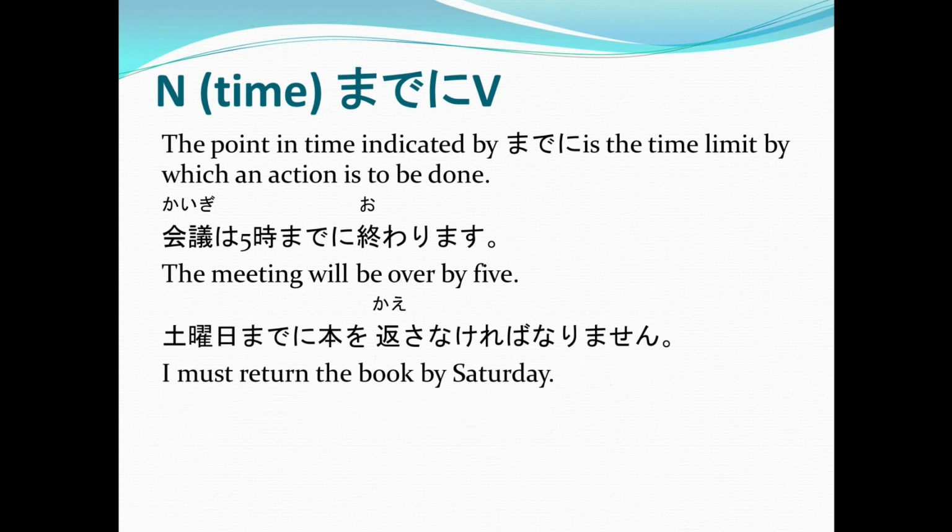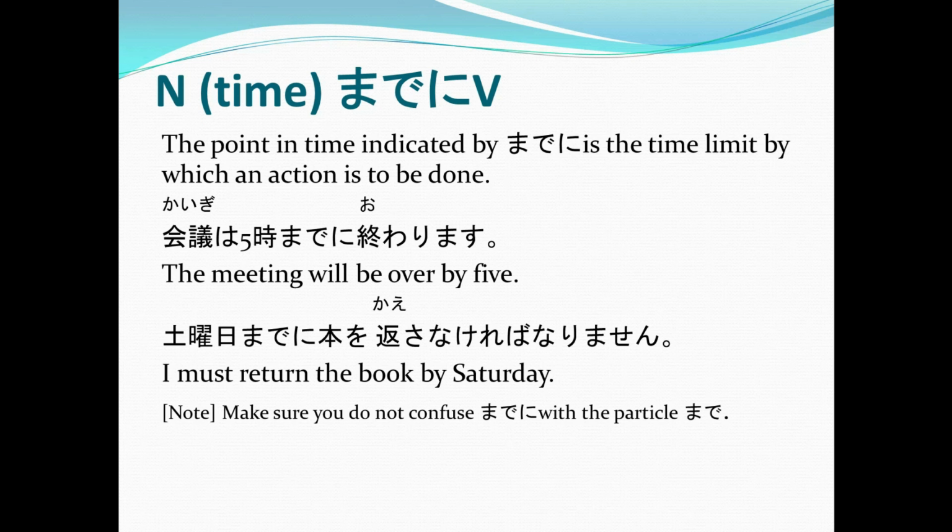Doyoubi made ni hon o kaesanakereba narimasen. Again, Doyoubi made ni hon o kaesanakereba narimasen. I must return the book by Saturday. So using Doyoubi made ni, meaning that the time limit of the speaker is just until Saturday and he or she must not exceed it in returning the book.